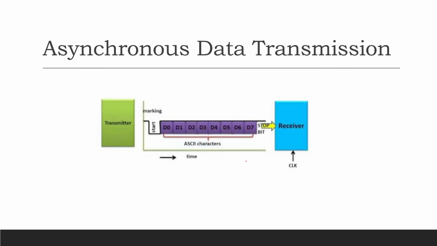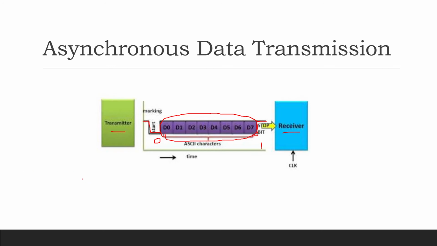Now this is asynchronous data transmission, where you can see that this is a transmitter and this is a receiver. Our main information is this one, D0 to D7, 8 bit information we are transmitting, and in addition to that one start bit, that is 0, and one stop bit, that is 1, is going to be transmitted.